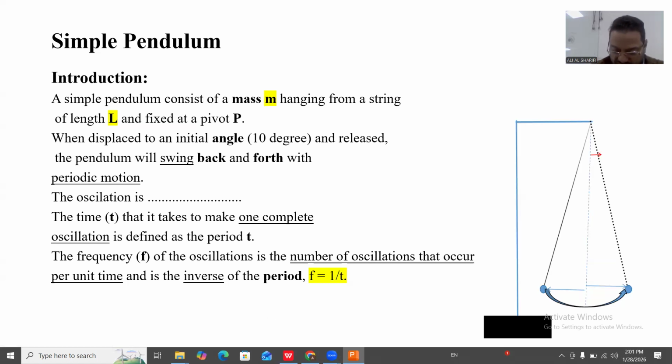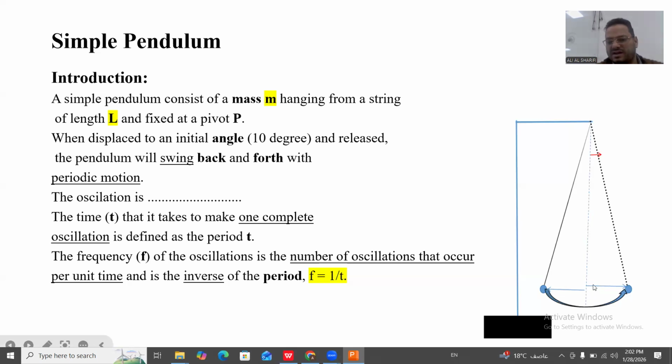What about the precision? Precision is to minimize the mistakes as much as possible by doing the same task many times. Okay, let me explain how we will do that. If the frequency equals 10, that means I will take 10 oscillations.